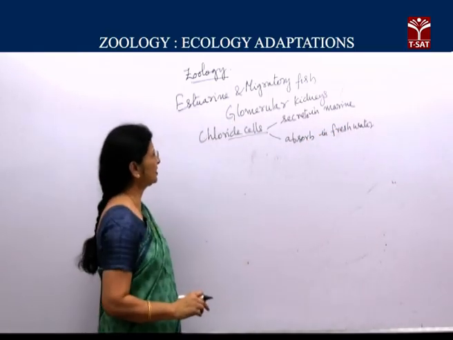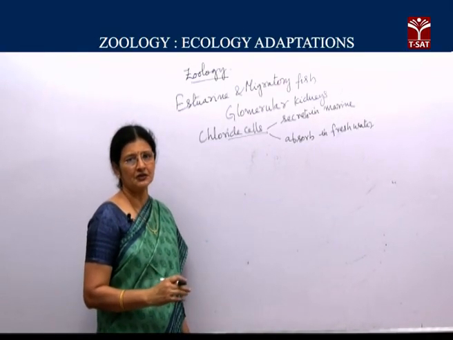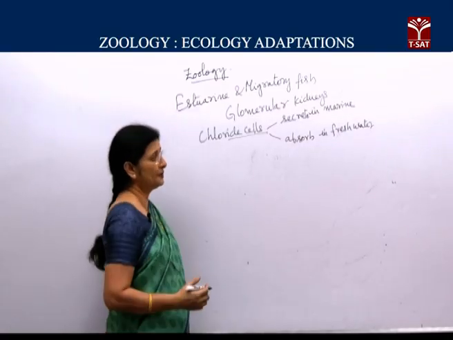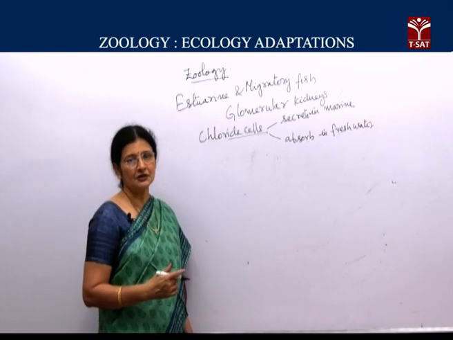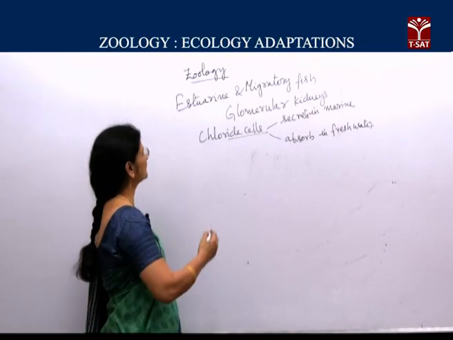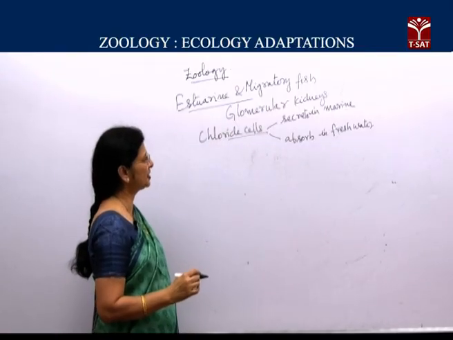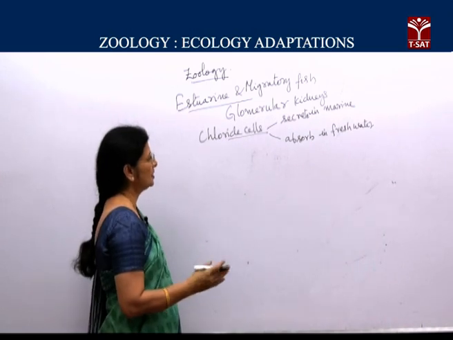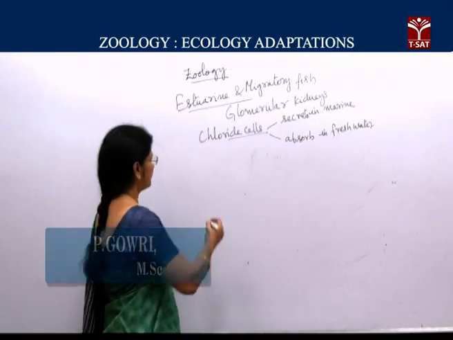And among other mechanisms, salmon drinks lots of water, diluting the body fluids. These are adaptations by estuarine and migratory fish. They can change their mechanisms in both types of environment.